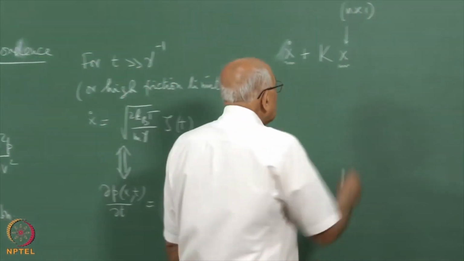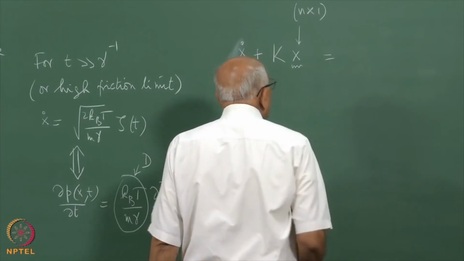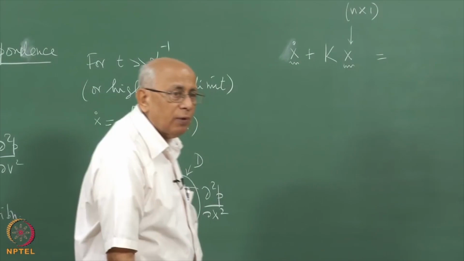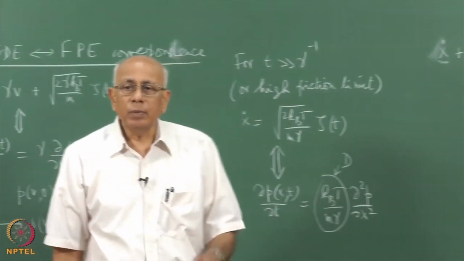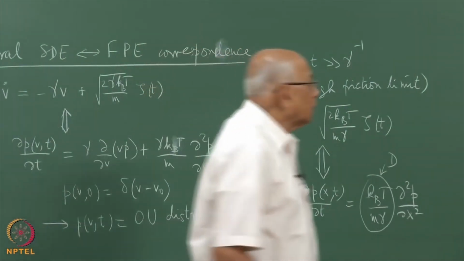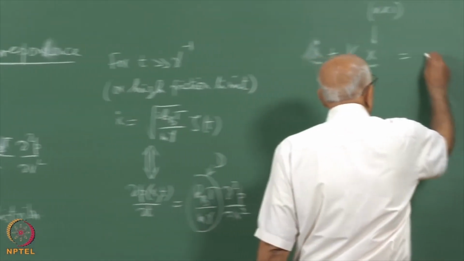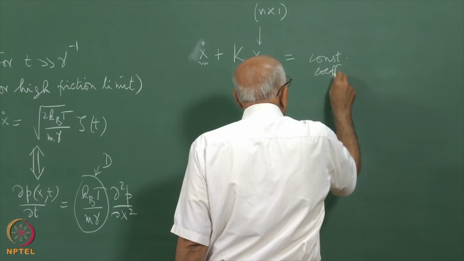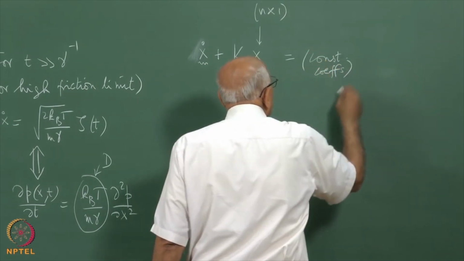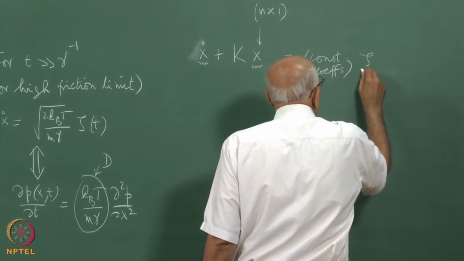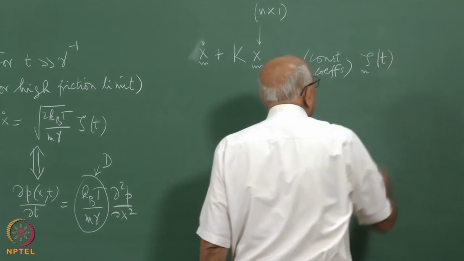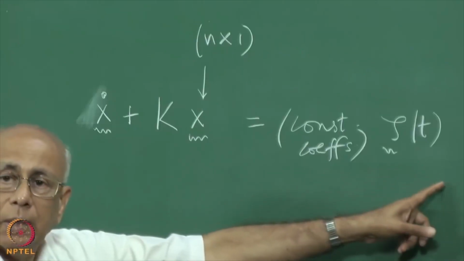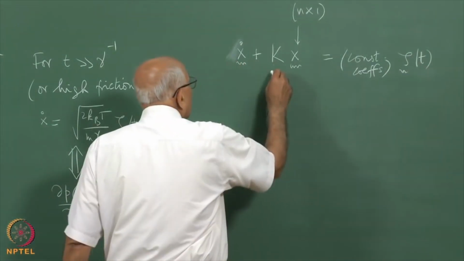This here on the right hand side was equal to some constant coefficients, not a function or anything like that, times a noise of some kind. We will make this precise in a minute, and then there was a vector valued noise zeta of t. So, these are all n by 1 quantities, and this is an n by n drift matrix.